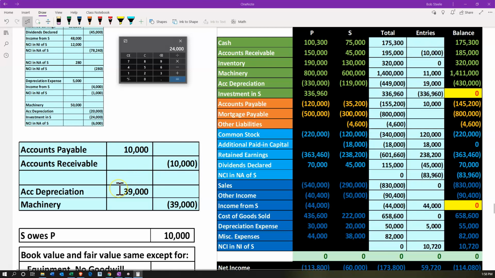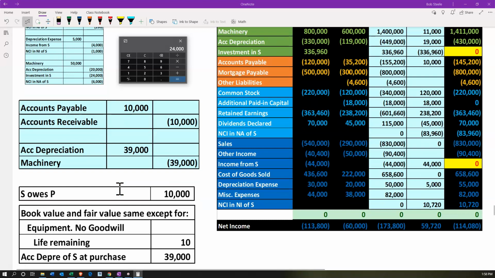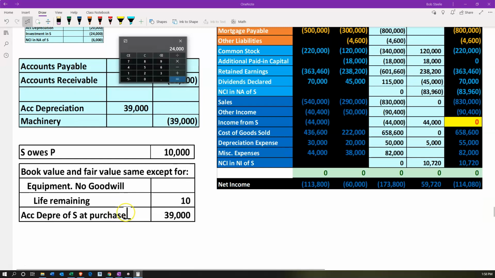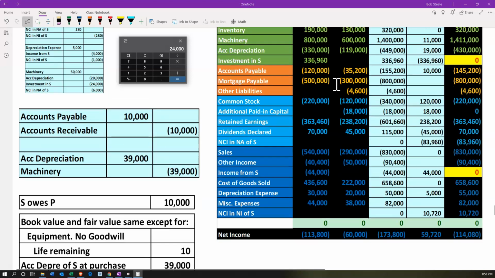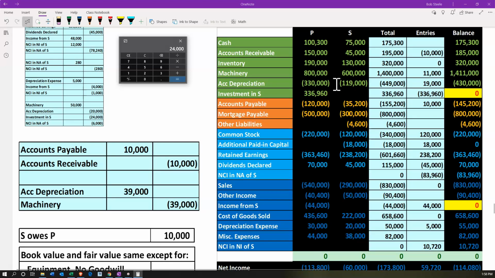Then we also said that there was depreciation. This is something we've seen in the past too, so nothing new here if you've been looking at this. So we had depreciation at the point of purchase, 2000x0, 4 years ago, of the 39,000 here. And we want to group that together as if a purchase took place. So in other words, this accumulated depreciation for S 4 years ago, x0, was that 39,000. We want to get rid of the accumulated depreciation that was in place at that time, net it out against the machinery and equipment as if basically a purchase took place.